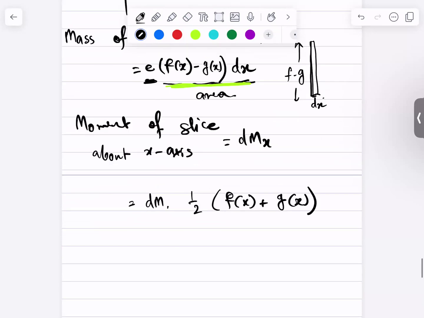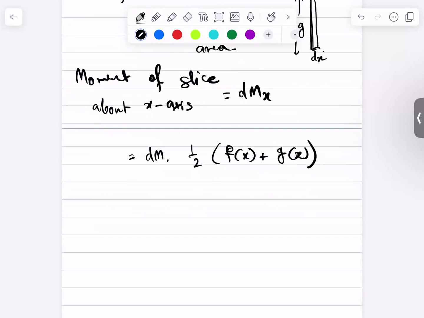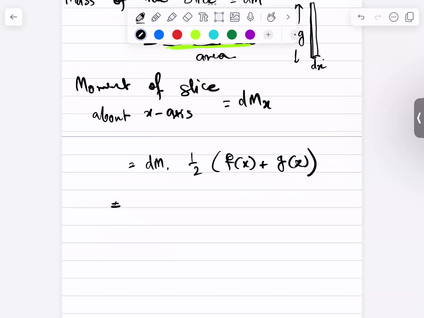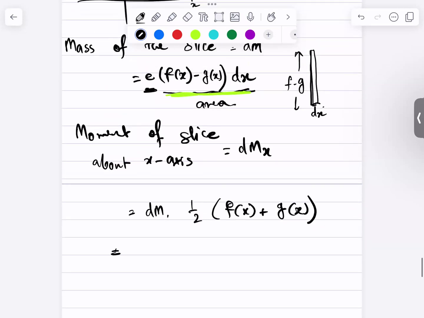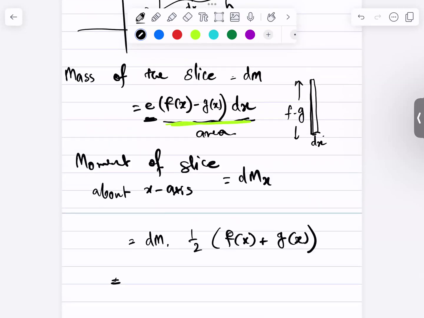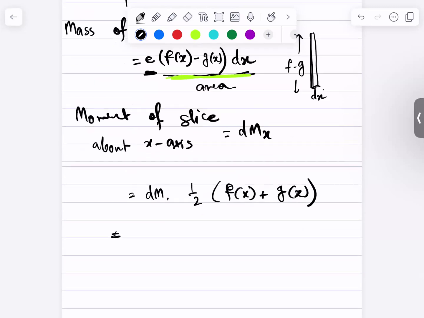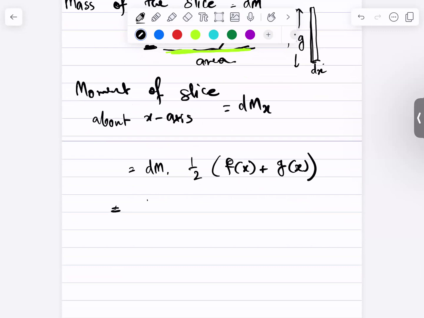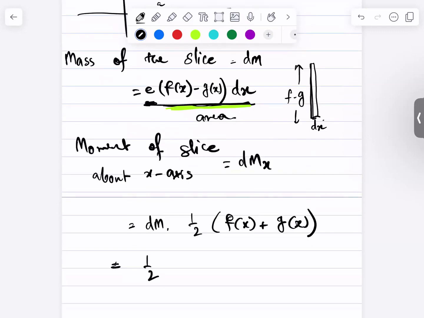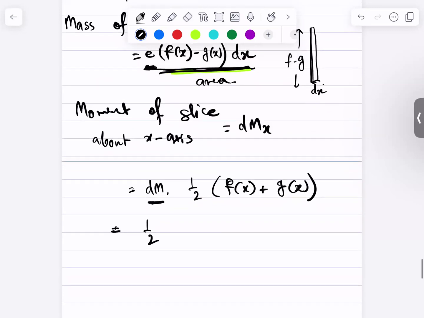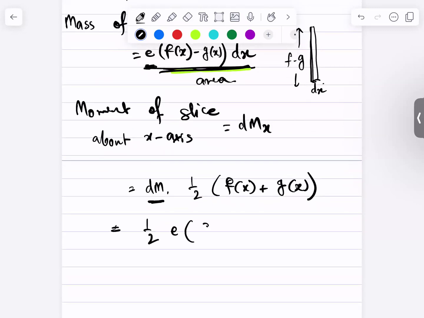Okay, this is basically coming out of a formula, just like the previous ones. Just multiply the masses, and then you just take the average of the length of this small slice. And if you put the expression for dm right there, then it will be one half E times (f(x) squared minus g(x) squared) dx. Okay, cool.